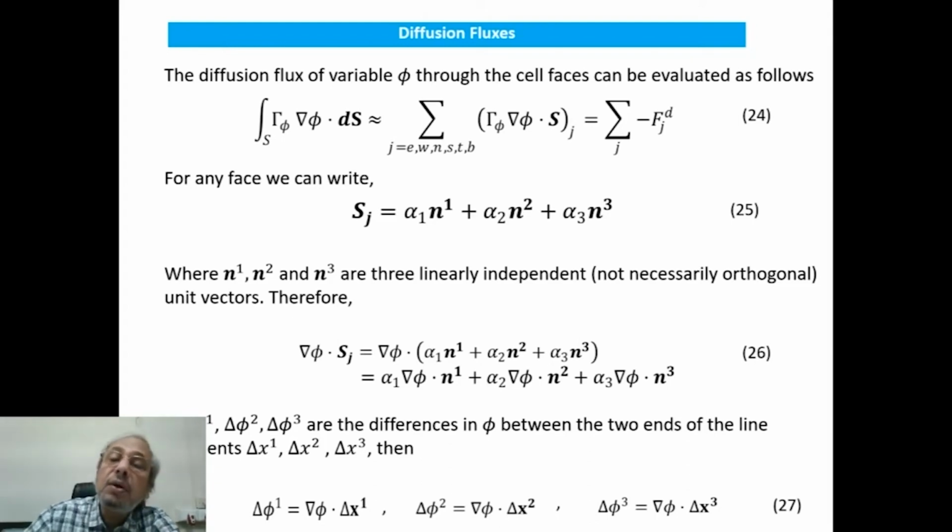And so we can write it finally as a summation of these diffusive terms.